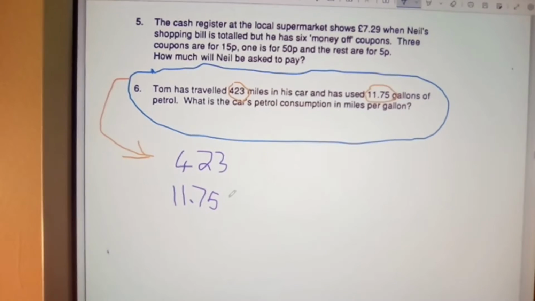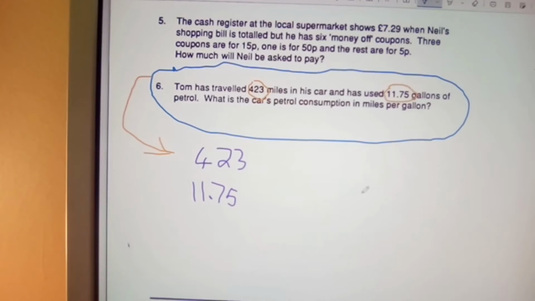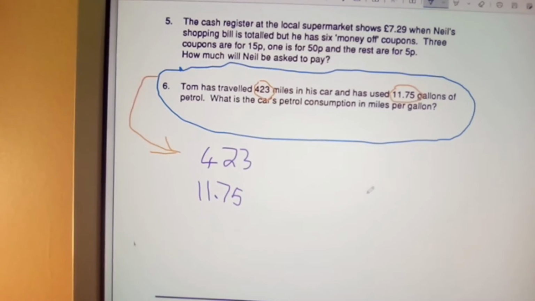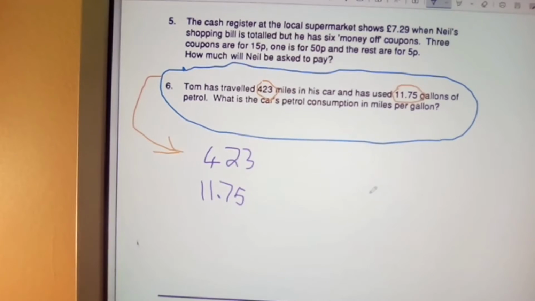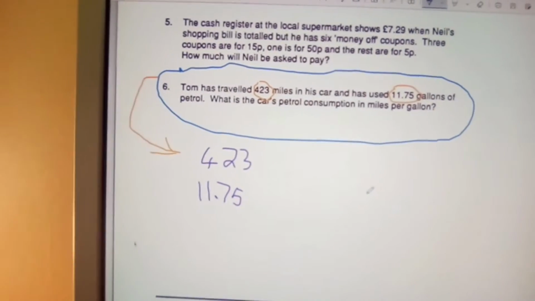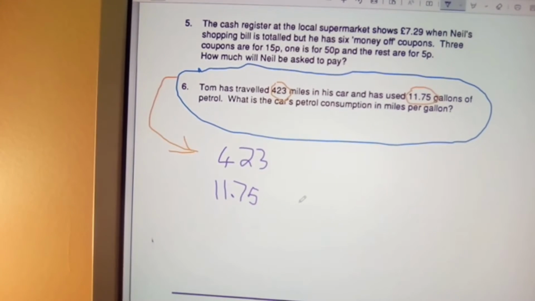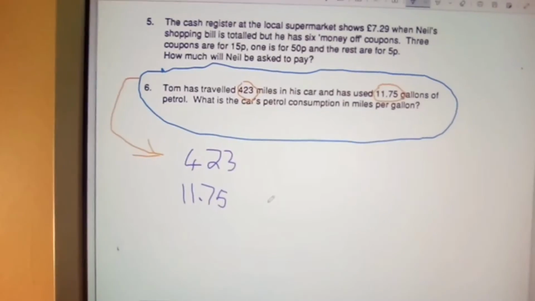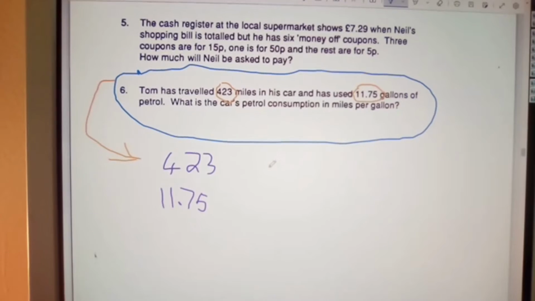Right, so what we need to do, we have to divide this. I'm not trying to think of an easier way of doing this actually, but what we're going to do, we need to put this into a bracket.